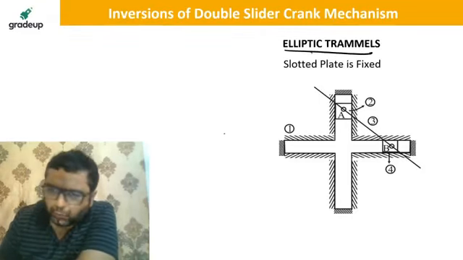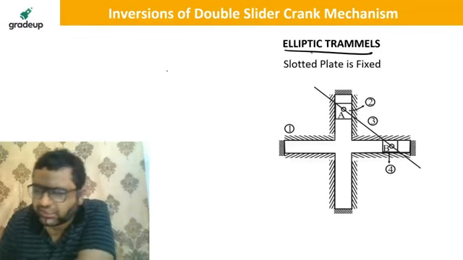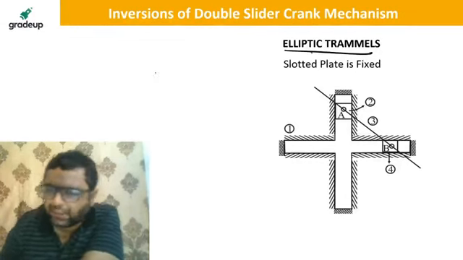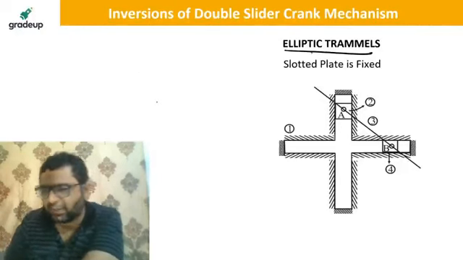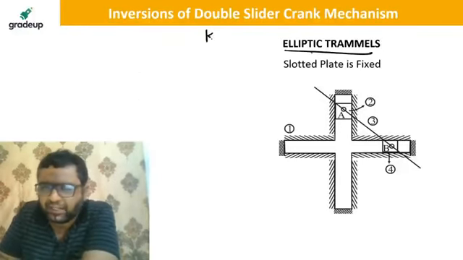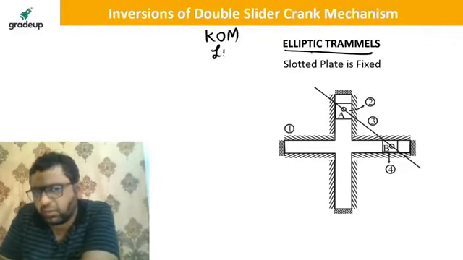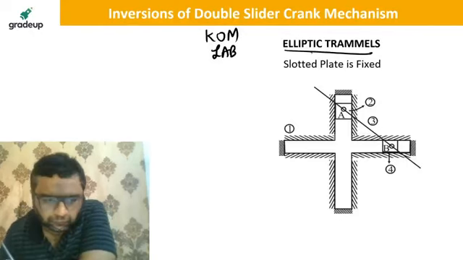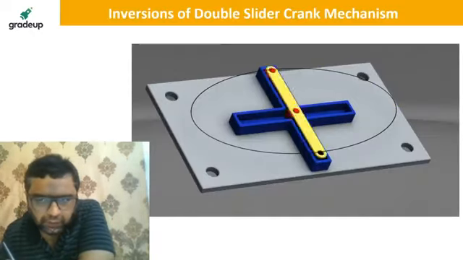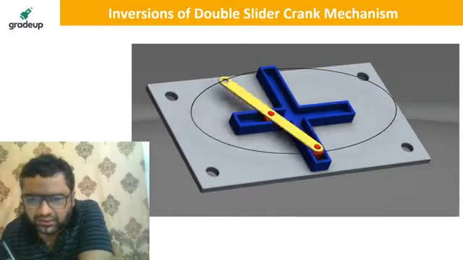It is used to plot an ellipse, majorly used in civil engineering applications, but you might have seen this mechanism in your kinematics of machines lab. It seems to be like this. You can see this.